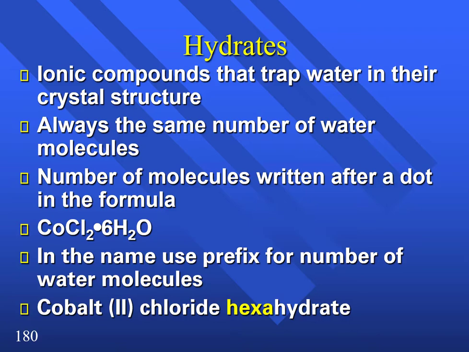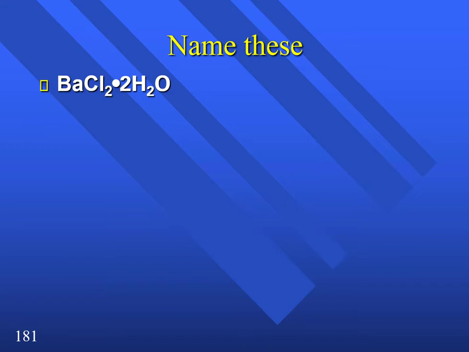So, a new set of naming and writing formulas rules. All you got to do is put a dot or put how many waters there are, right? So it shouldn't be too bad. So name this chemical. Well, the first part, barium. Barium's a metal.